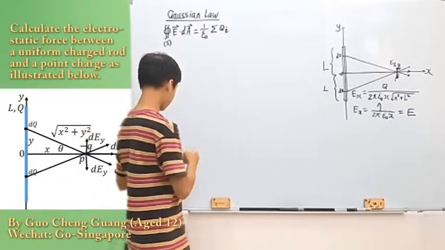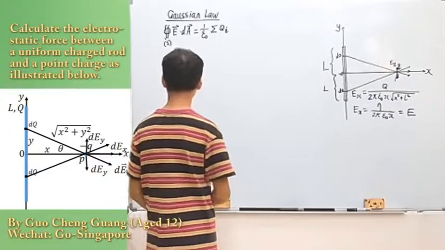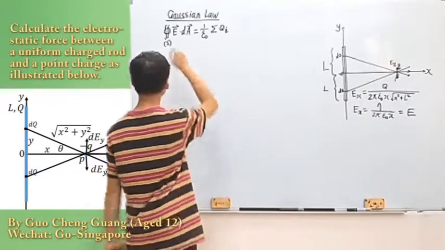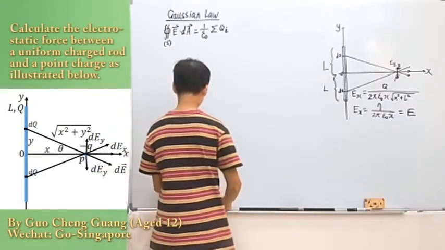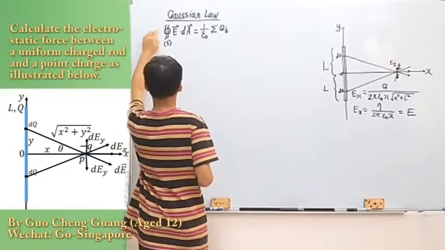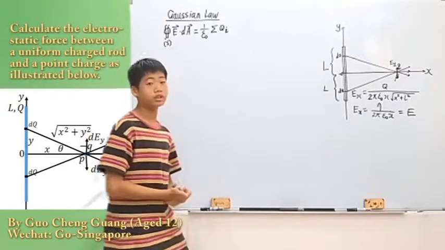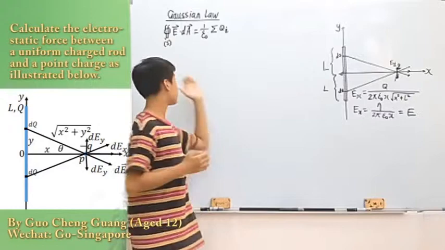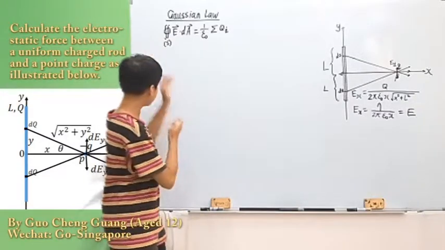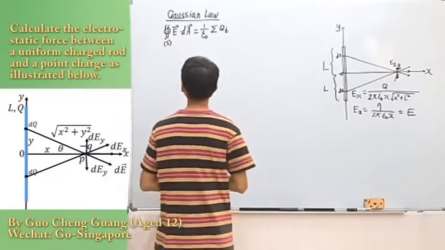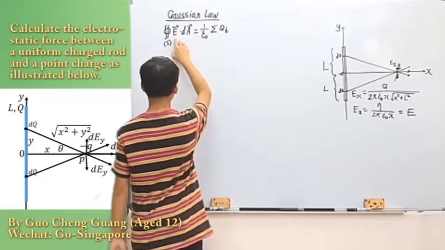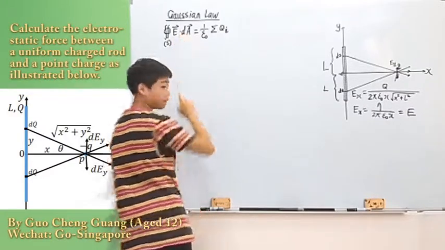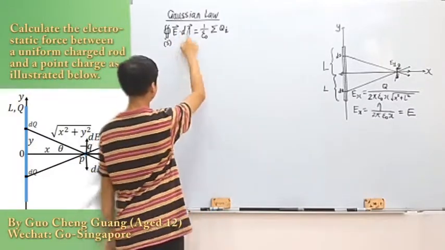Well, let me explain a little bit more about this Gaussian law. When we look at the different parts of it, first of all, here it looks like a double integration, or you can call it a surface integration, for this part in front. Then E vector, this is a dot dA vector.